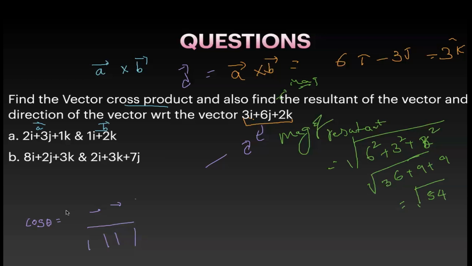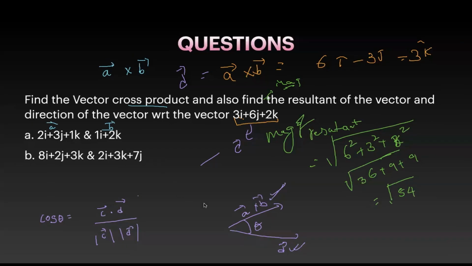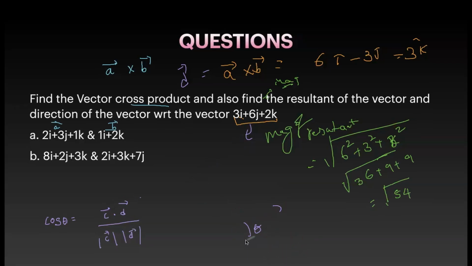This is nothing but C dot D by magnitude of C, magnitude of D. Basically, you have got one vector, A cross B, and there is some other random vector D. You want to find the angle between them. So this vector and this vector you will dot, and divide by the product of their magnitudes. Clear?